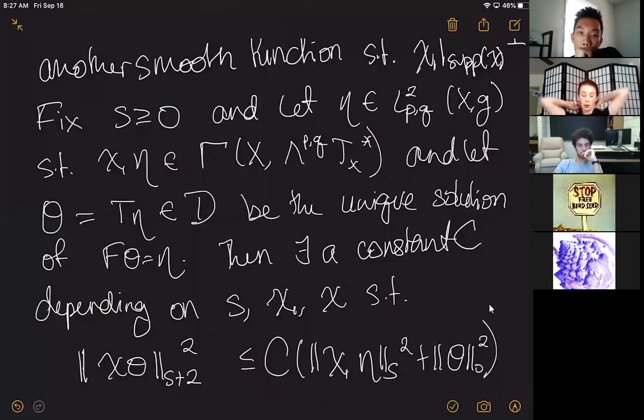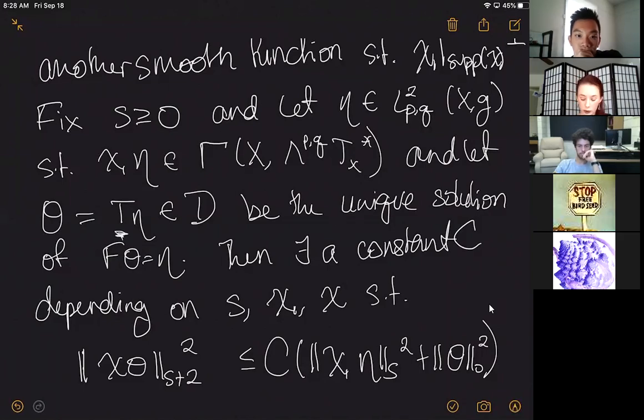So you might not remember, but before we got our map F, which we used to define our box Laplacian, we defined this map T in terms of the Riesz representation theorem. So that's where this T comes from. It comes from the Friedrichs construction from last time.